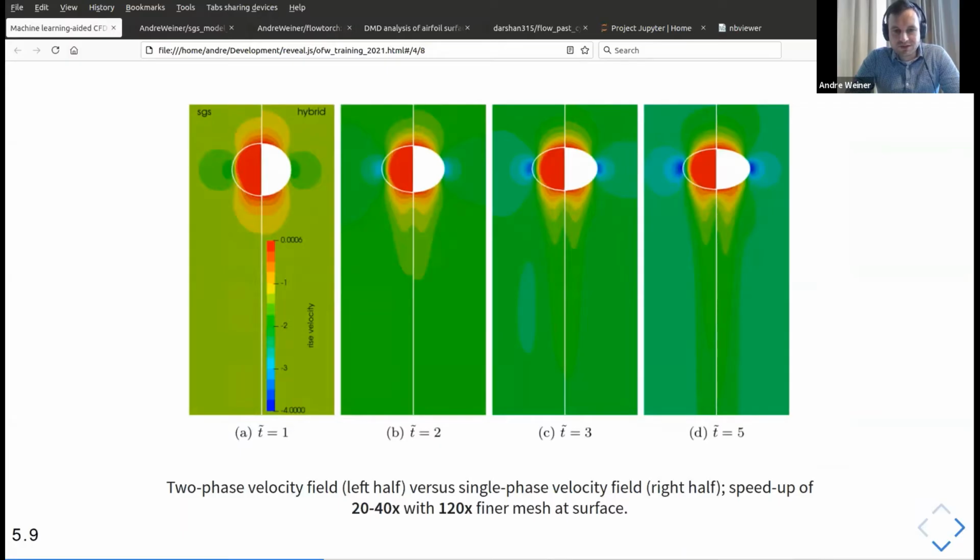What you see is that we have a really good agreement, and we can run the single-phase simulation at a fraction of the cost of the two-phase flow simulation. We can also massively refine the single-phase simulations, especially close to the interface, to directly resolve the species boundary layer.